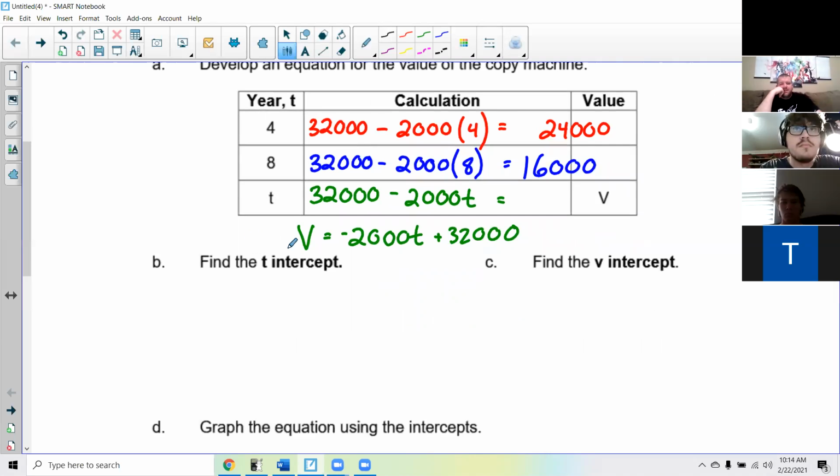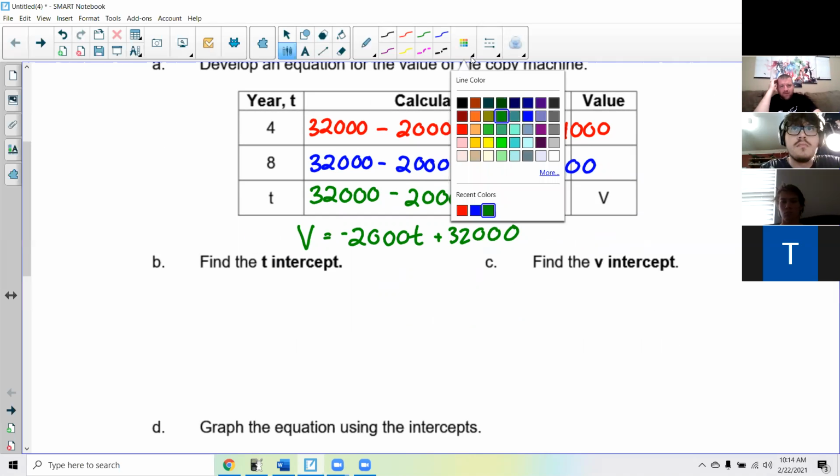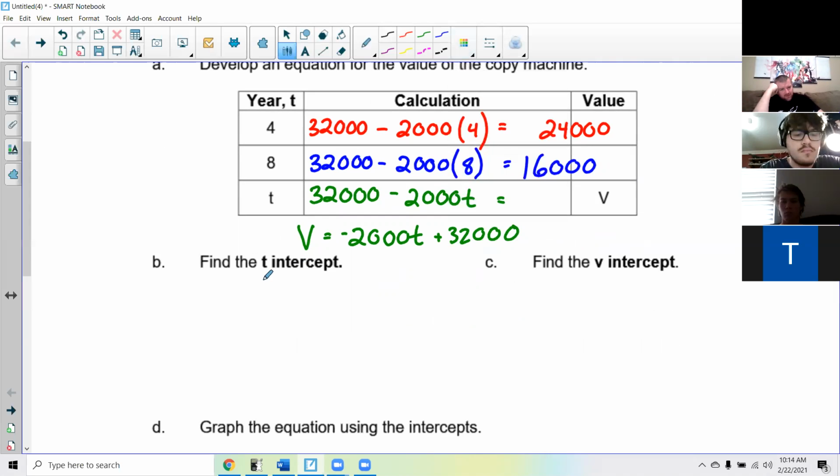So then it says find the t intercept. Well, anytime I'm looking for any kind of intercept, you're just going to let the other variable be 0. So if I'm looking for the t intercept, that means let v be 0. So I'm just going to replace the v with 0. I get 0 equals negative 2,000t plus 32,000.